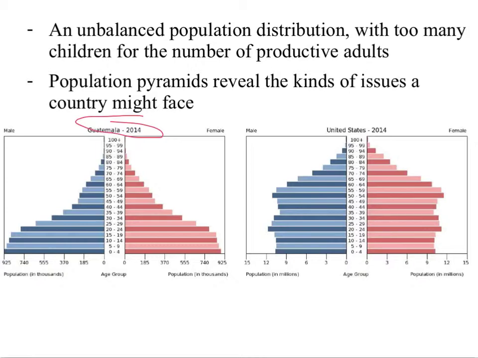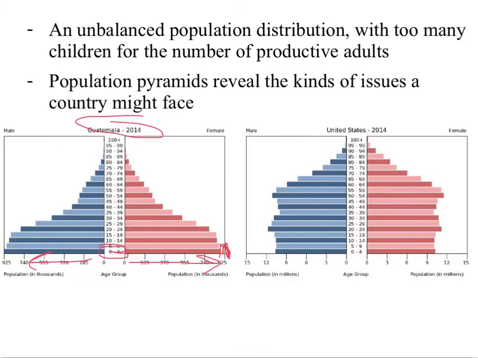As you can see, the bars extend to the right in red for the number of females in the population, and to the left in blue for the number of males. So the farther out they are this way, the bigger the population. And the bottom lines are for your youngest, in this case 0 to 4 years old, then 5 to 9 years old, and so on going up.